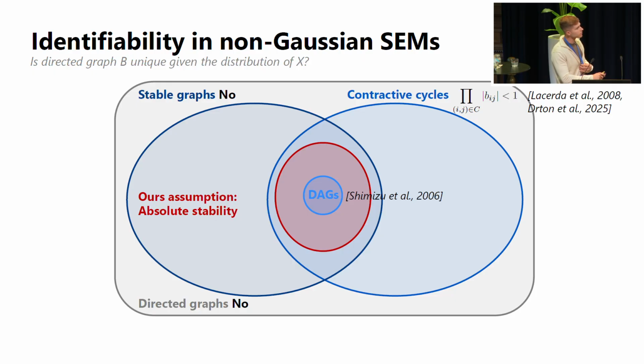But if you assume that the ground truth has only stable or contractive cycles, then among the equivalence class, only that one survives. So that gives you identifiability. In essence, it's the same result. We are not proving something more than that here. We're just using this result to impose a constraint, in essence. I see. There's also another work last year. Okay.